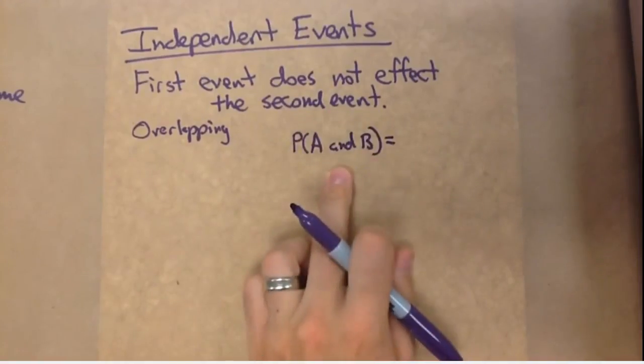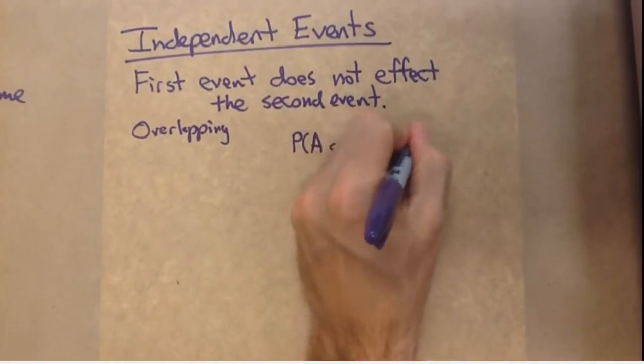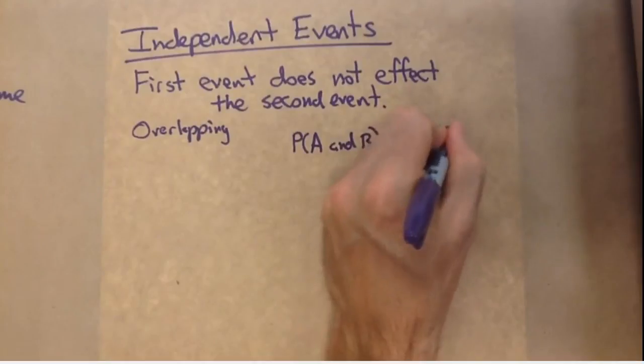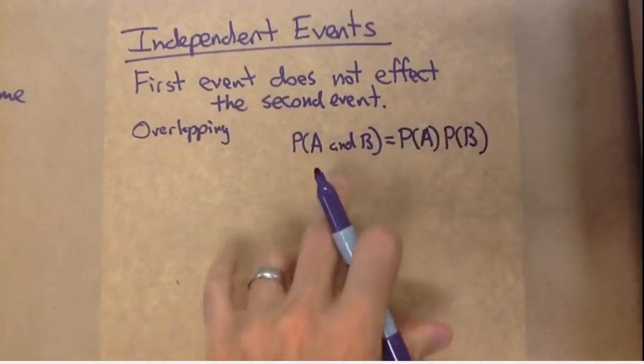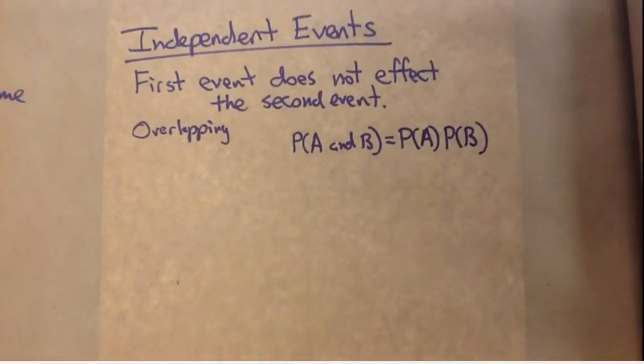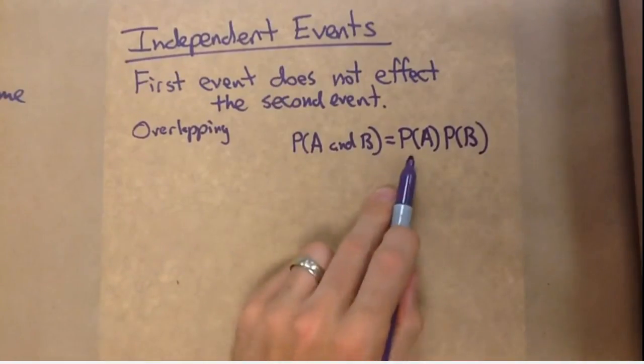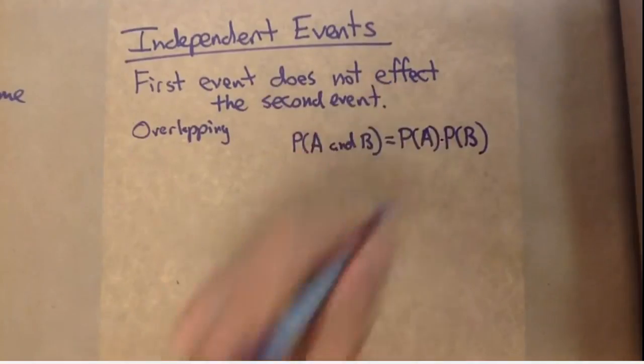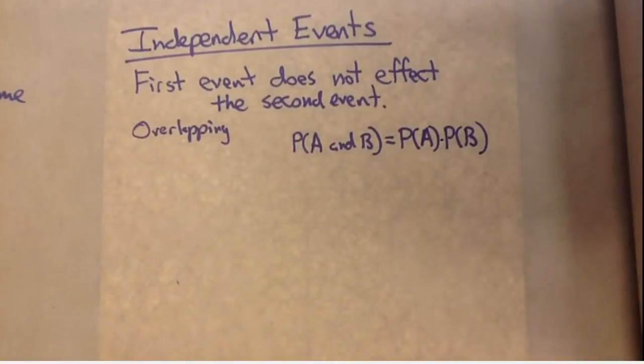And the probability of those occurring is the probability of A times the probability of B. Now this is the big difference to start off with between mutually exclusive. In mutually exclusive, the and is a 0. Here, we're going to multiply the two probabilities.